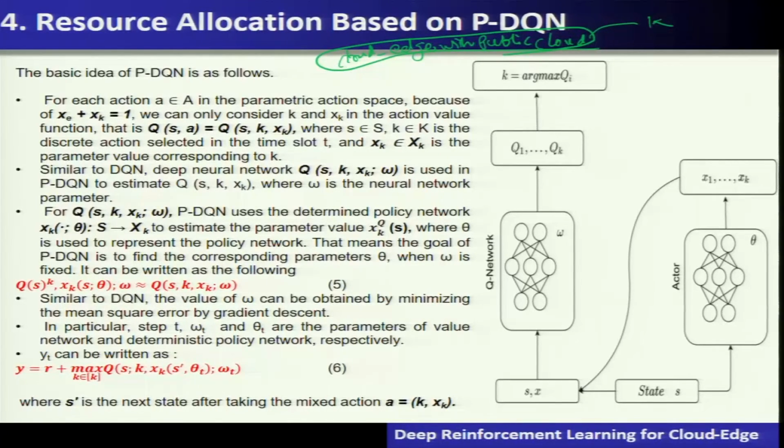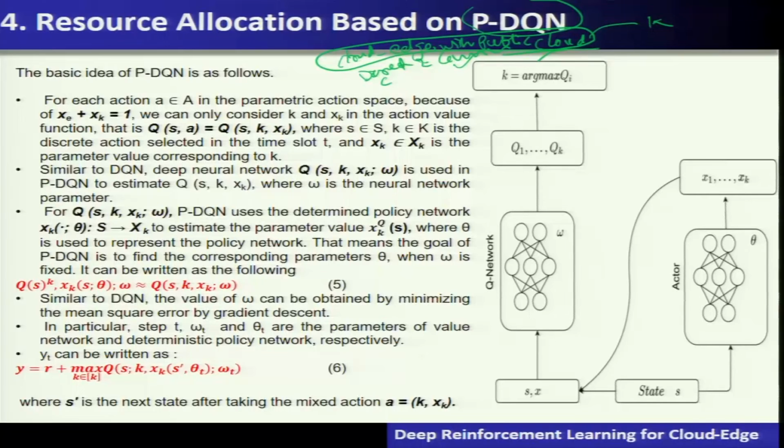Therefore, this collaborative edge cloud environment with a public cloud often becomes a mixed, that is discrete and continuous, state space. With both discrete and continuous spaces, we have to use a different model called PDQN, a parameterized DQN. Why? Because DDPG considers only the continuous space.